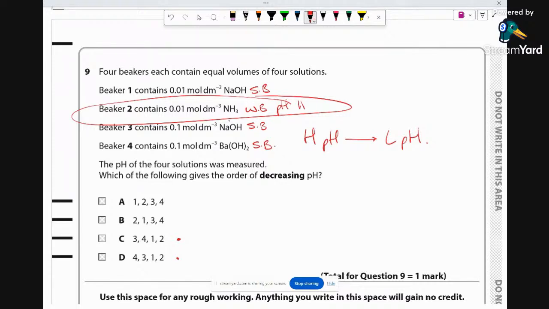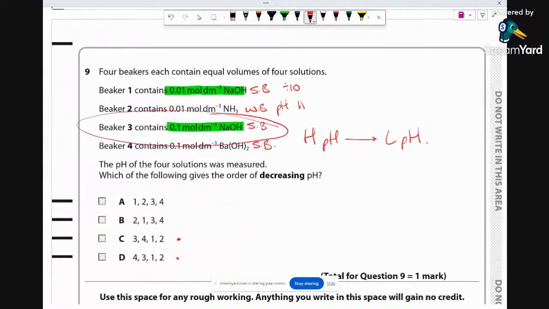So sodium hydroxide is very powerful. Hang on, I'm just going to do this a bit more logically. Look at the concentration of this sodium hydroxide and look at this one. The top one is 10 times more dilute. What that means is this is a divide by 10. So the pH of that is going to be about 1 pH less. So this one here is going to be the highest out of those 2.